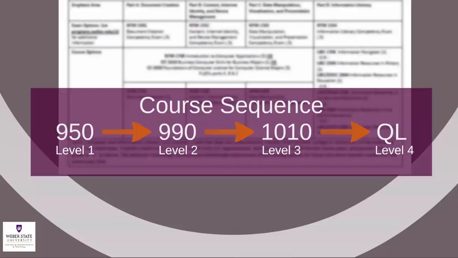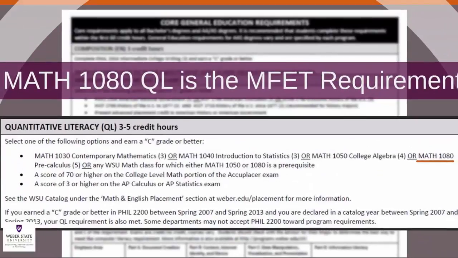The credits and grades earned in Math 950 and 990 do not count toward your overall credits for graduation or toward your GPA. Although Math 1010 is also a developmental course, its credits will work towards your overall credits and GPA. Also note that all classes must be passed with a C or better.